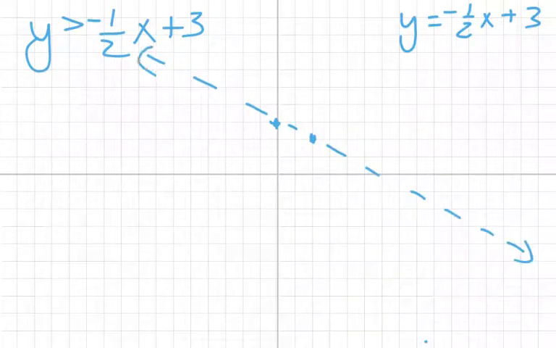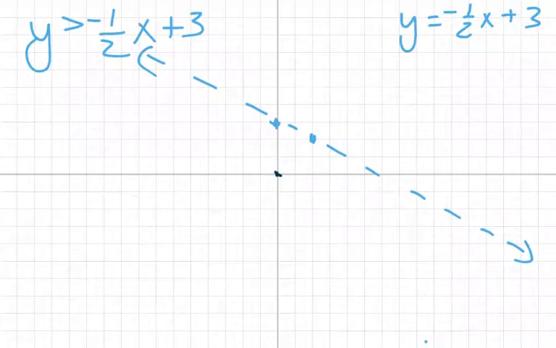And then there are 2 ways you can figure out which side to shade. One is to pick a test point and see which side is the true side and which side is the false side. We'd probably pick the origin, not because there's anything magical with the origin, it's just easy because it's 0, 0.